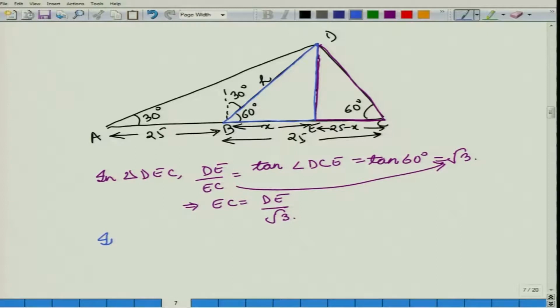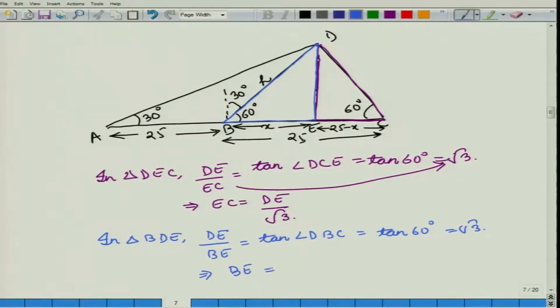Here in triangle BDE we have DE upon BE, which is again the perpendicular upon the base, equal to tan of angle DBC, which is tan 60 degrees, root 3. So, we get that BE is equal to DE upon root 3.